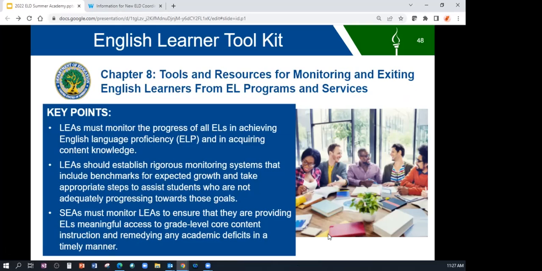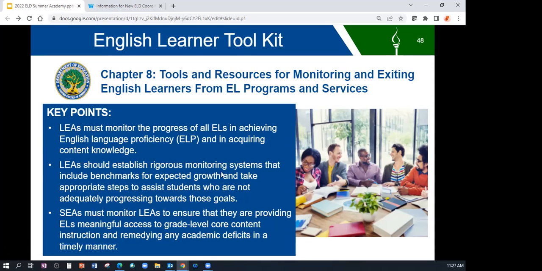All right. The 8th chapter is resources for monitoring and exiting your English learners from programs and services. So the key points here say that you have to monitor the progress of all English learners as they're achieving proficiency.